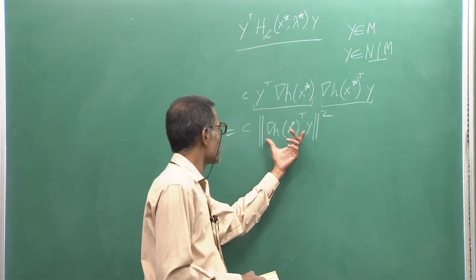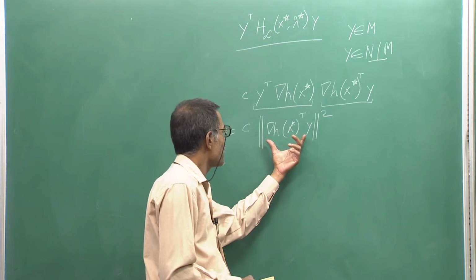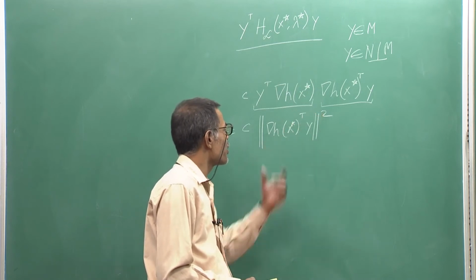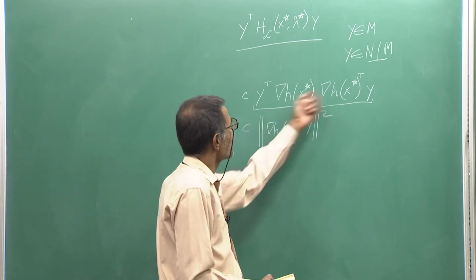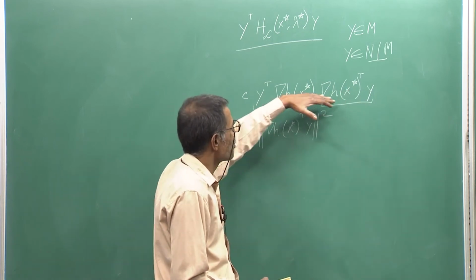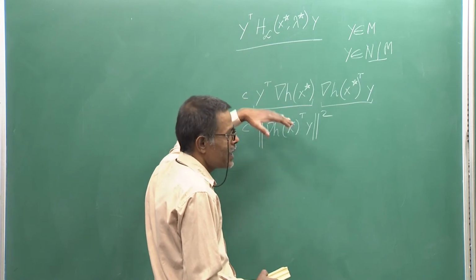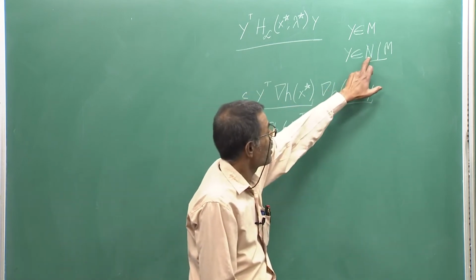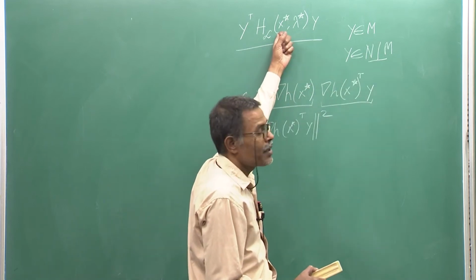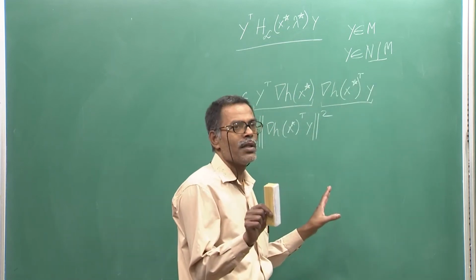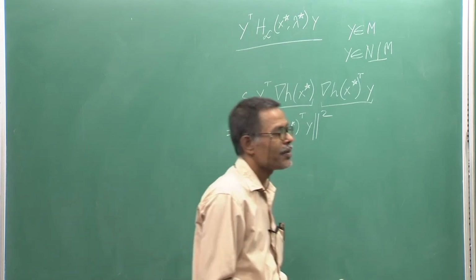So this will be a non-zero vector, and the mod square of a non-zero vector is certainly positive. So y transpose this whole thing into y will come out positive for that subspace in which the Lagrangian part has no obligation to be positive.